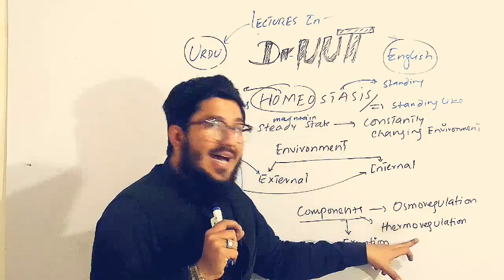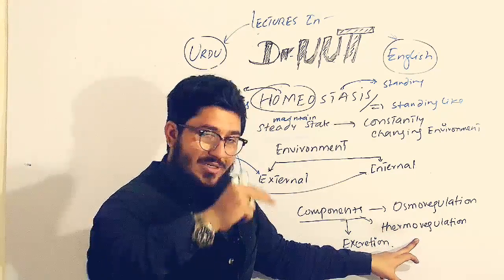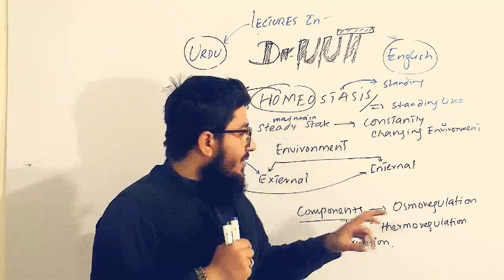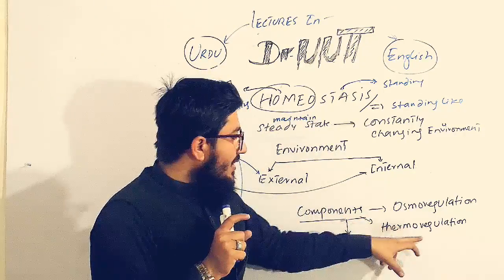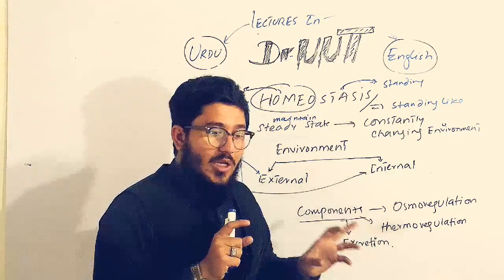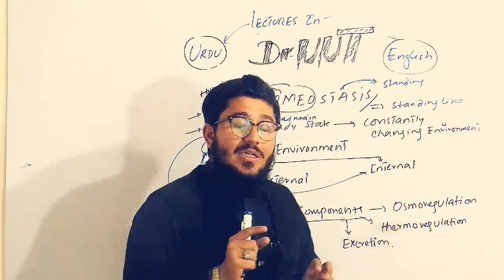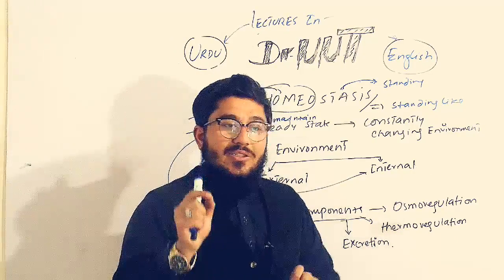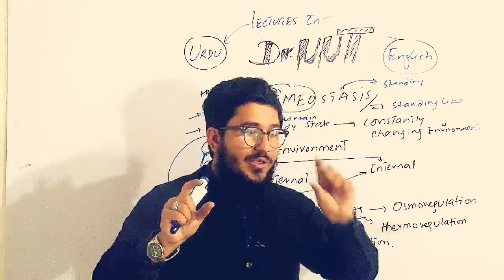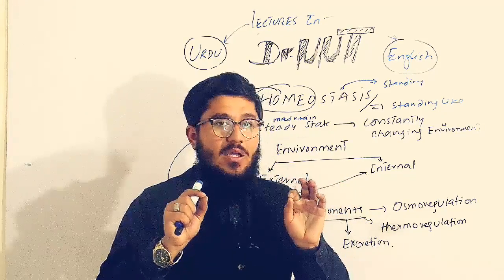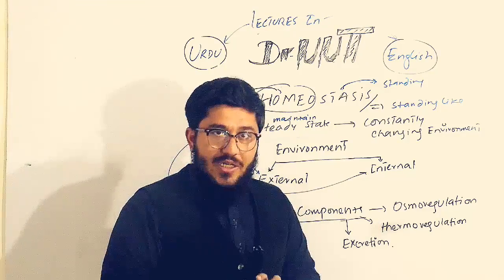The body has a center to control a constant and steady state, in which the temperature neither goes up nor down. That component is known as thermoregulation. The state in which a living body should maintain itself is from 36 to 38 degrees.